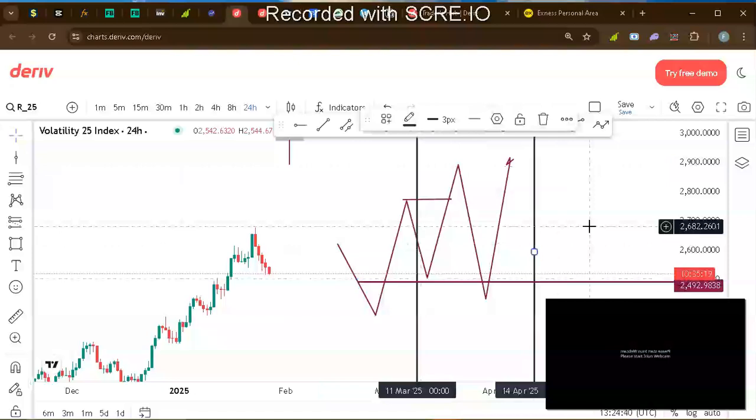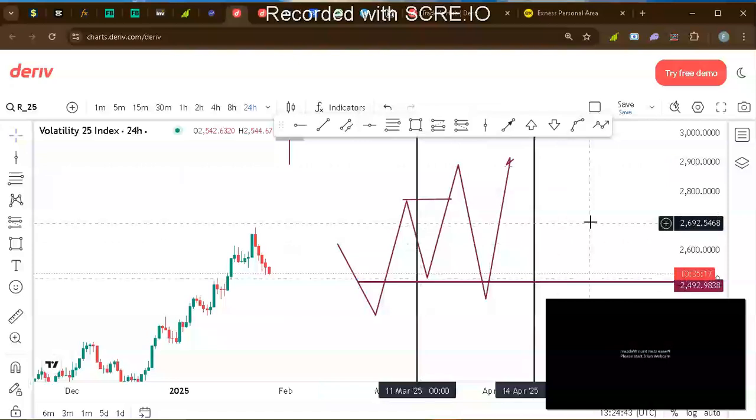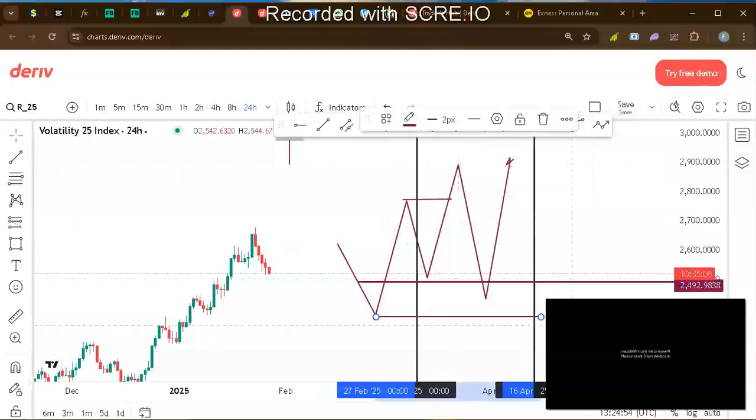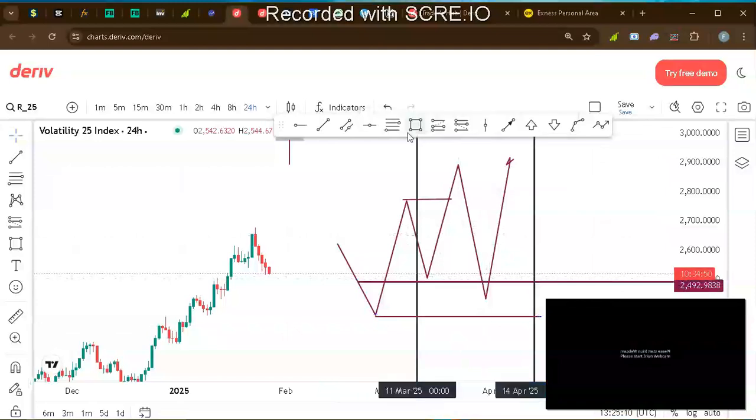So what you will be thinking is for the market to take out this low, because this low is now protected, since that was yesterday's low, and you already know that the market is in an uptrend. So you have to wait for the market to take out this low. After taking out the low, you just enter from an order block or maybe a fair value gap at this level and expect the price to push all the way up.